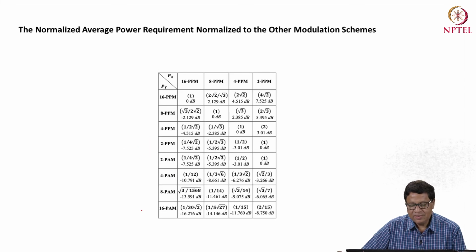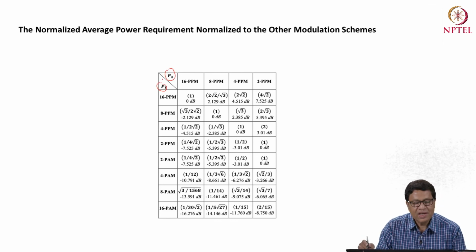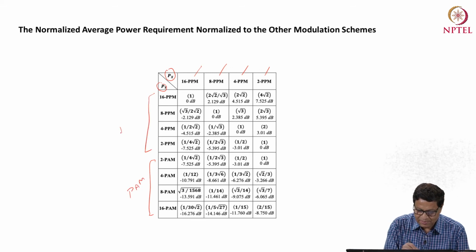So again, the way we had plotted the earlier SNR values for different modulation schemes, here the P X value, the power required value, has been plotted for different modulation schemes. So here you have 16 PPM, 8 PPM, 4 PPM, 2 PPM, and on this scale again you have different PPM systems, and also there are different PAM systems. So these are for PAM and these are for PPM.